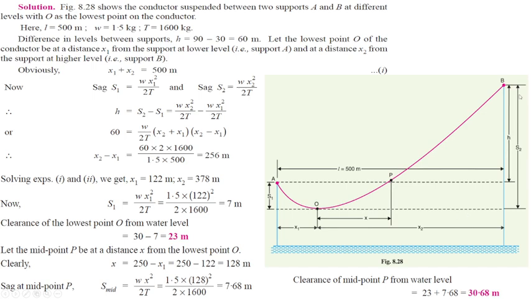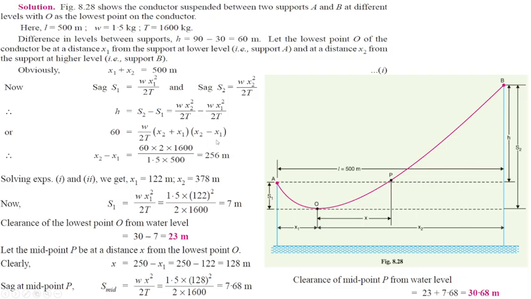So H is equal to S2 minus S1, right? This is S1, this is S2. We have two equations for S1 and S2, and we can put them here. So x2 power 2 minus x1 power 2 is equal to x2 plus x1 times x2 minus x1, right? x2 plus x1 is equal to 500, the distance between two towers.